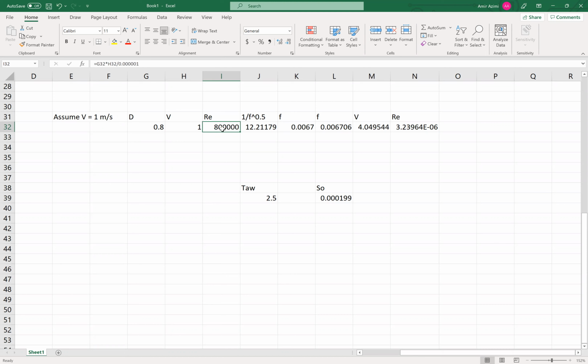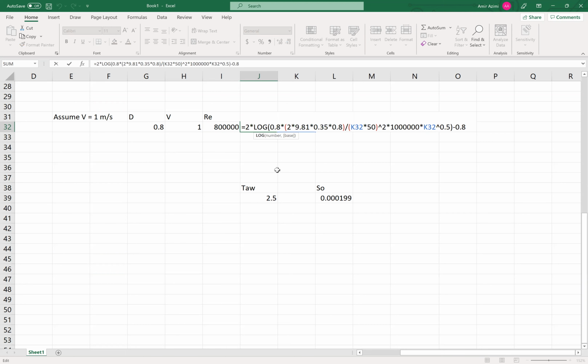Because 800,000 is larger than 100,000, we can use either equation 4.15 or 4.16. I use 4.15 because it goes with the iterative method, and the explicit one is very simple to use.